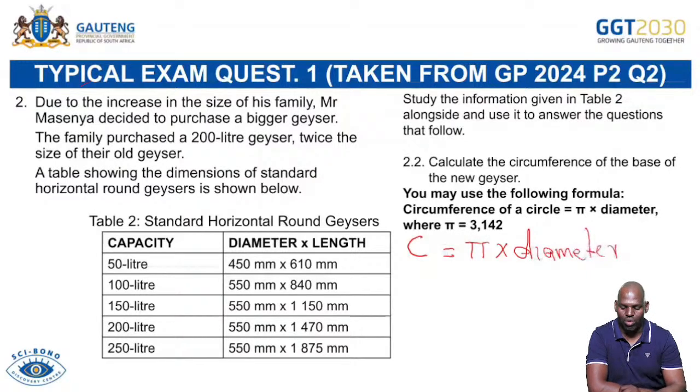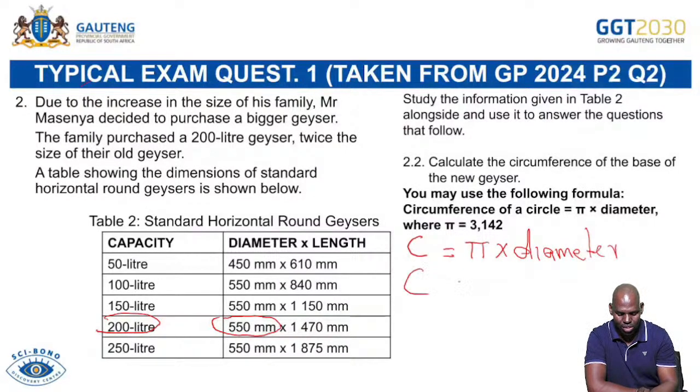Of course, we know the value of pi, which is 3,142, but now we have to check the diameter. The new Giza is 200 liters, and they have clearly indicated that the diameter is still 550. So we just need to substitute the diameter. The examiner doesn't specify the unit, so we can just take our diameter as is.